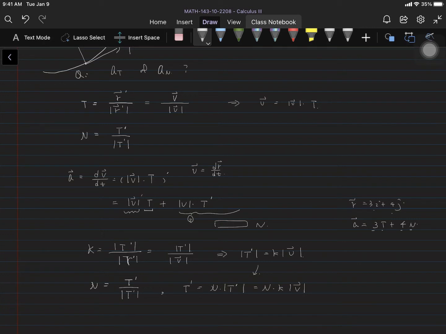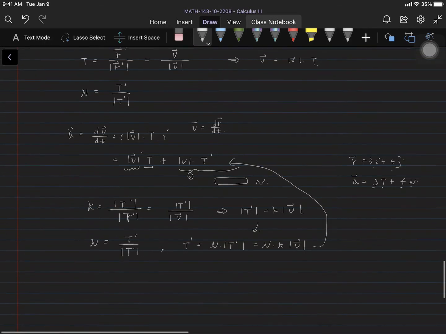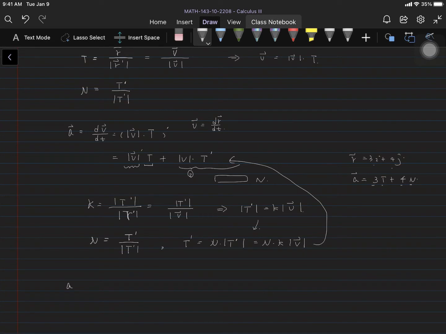Now we are going to substitute this into the T prime there. So our a vector equals the v length prime times T plus the v length times T prime, which becomes N vector times curvature times v length.